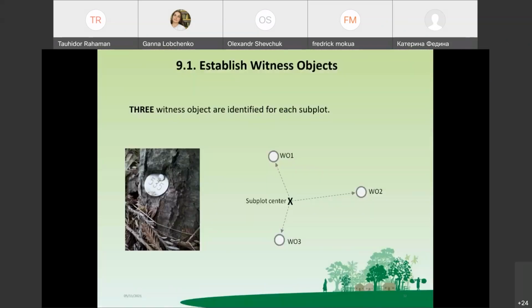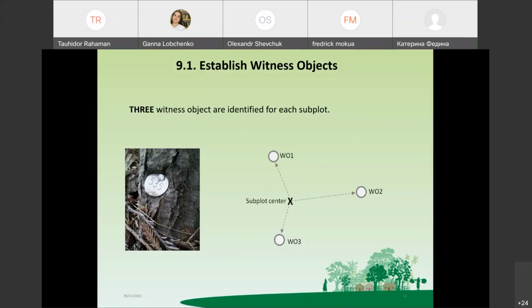So establishing witness objects, why is it important? Because when we collect those data, we collect key information from the center, like the bearing of the tree and the horizontal distance of the tree, each and every piece of information from the subplot center.